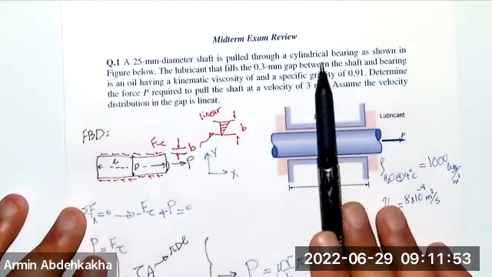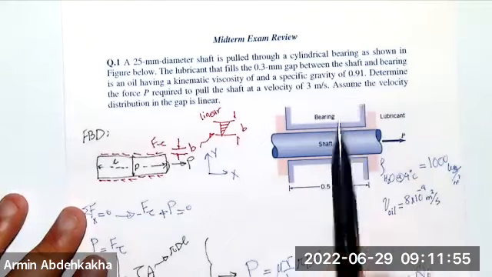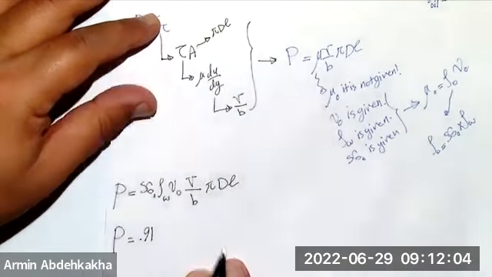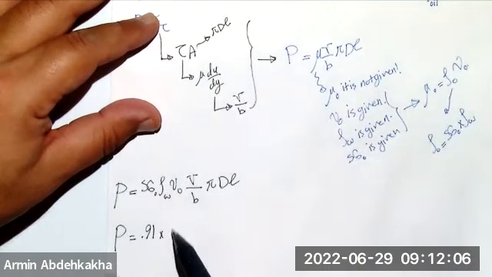Sg is given in the question. Specific gravity is 0.91. 0.91 without unit is Sg. Times the rho of the water, given as 10 to the power of 3 kilogram per meter cube.